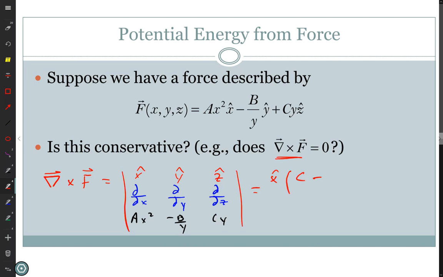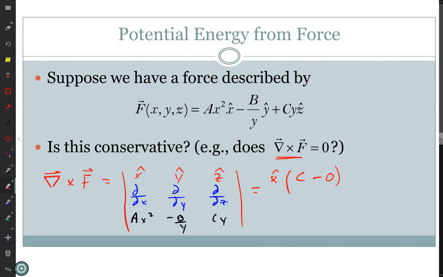Y. What's that derivative? 0. Now, why is that 0? This is the beauty of that. Okay, that was a rhetorical question. Why is it 0? It's the beauty of the partial derivative. We're just treating anything that's not z as a constant when we do the partial derivative. I think you can see the answer already.